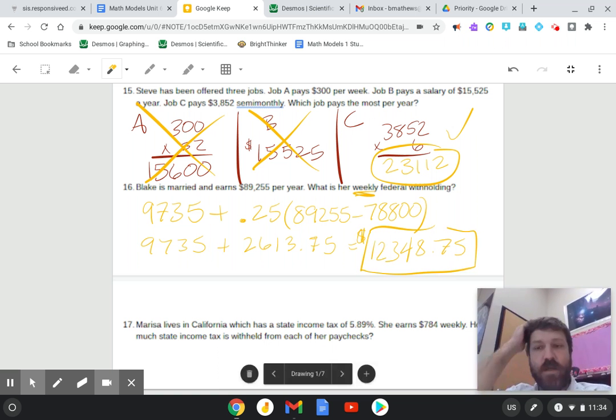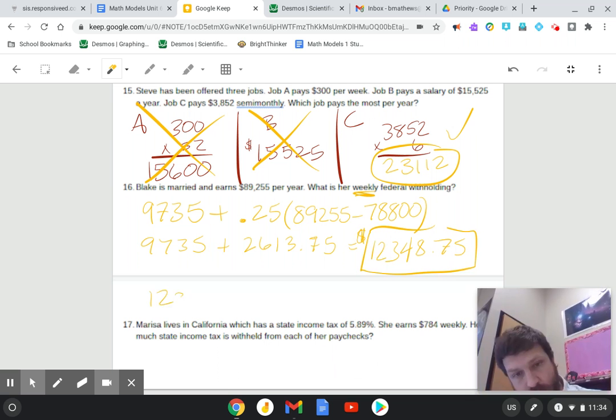12,348.75 would be the weekly. Oh, no, that's not the weekly. Now I need to take that number and divide it by weekly. So that's 52.